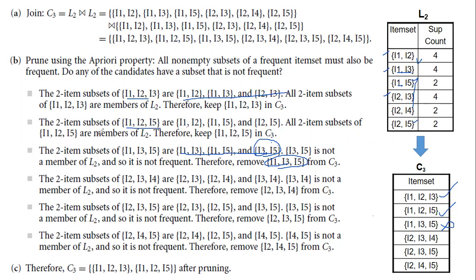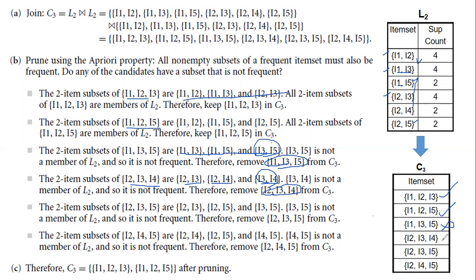Similarly, we will take I2, I3, I4. What are the subsets of I2, I3, I4? I2, I3, I2, I4, I3, I4. Here again I3, I4 is not present in the L2. So this will also be pruned out. It will not be considered.